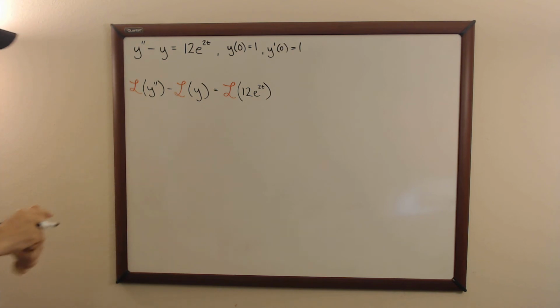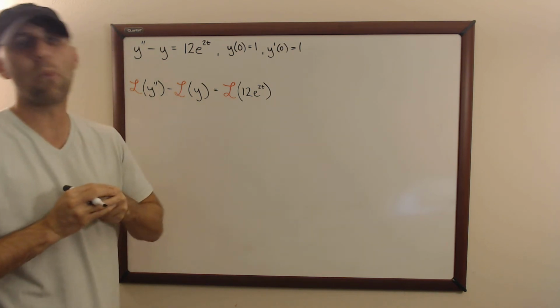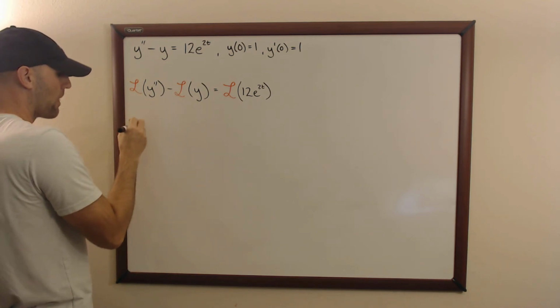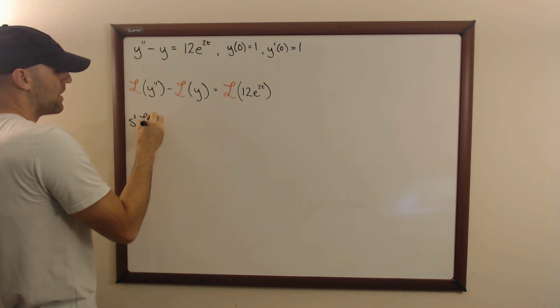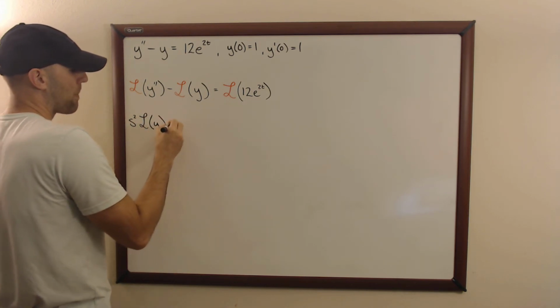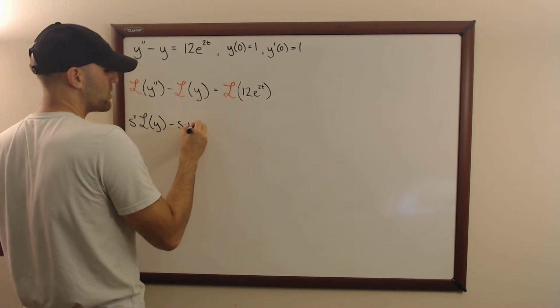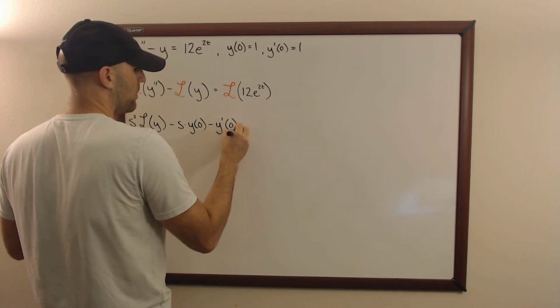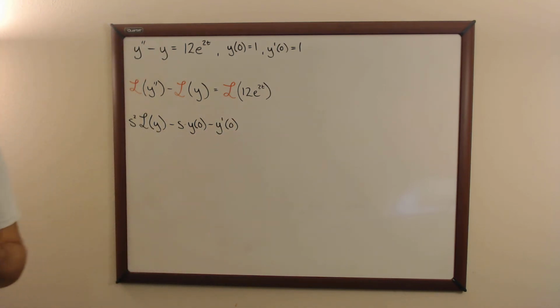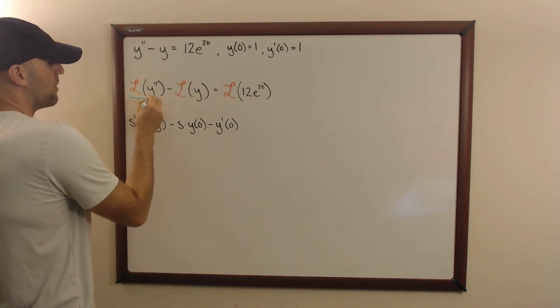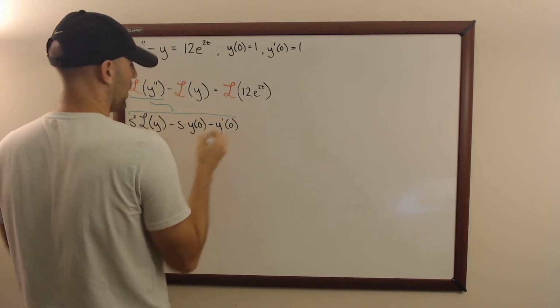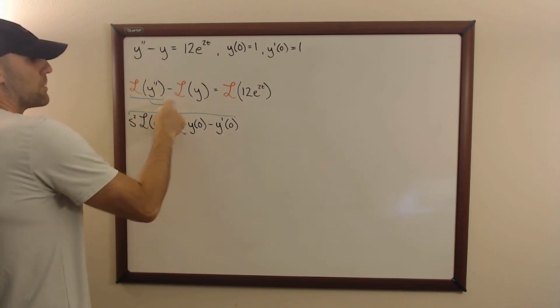Okay, so let's replace these things with what we know them to be, okay? Laplace transform of y double prime, that is s squared times the Laplace transform of y minus s times y of 0 minus y prime of 0. Okay, so this is all of this. This is the Laplace transform of y double prime, minus Laplace transform of y.